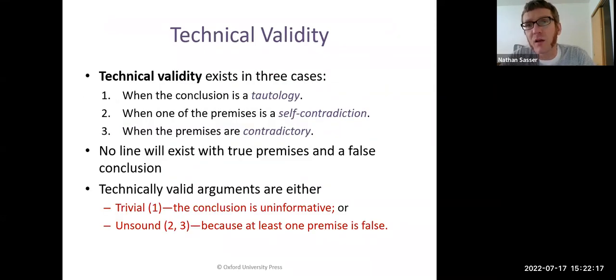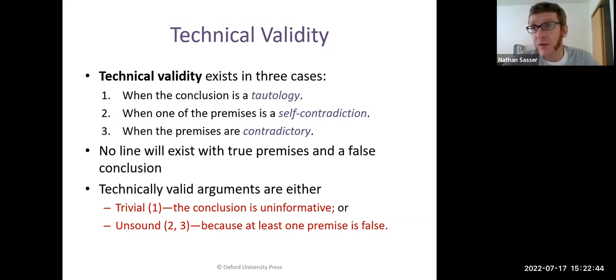Now, let me say something about technical validity. Technical validity exists in 3 cases. When the conclusion is a tautology. Now, think about it. What's a tautology? A tautology is a statement that is always true. There's only true truth values underneath the main operator.